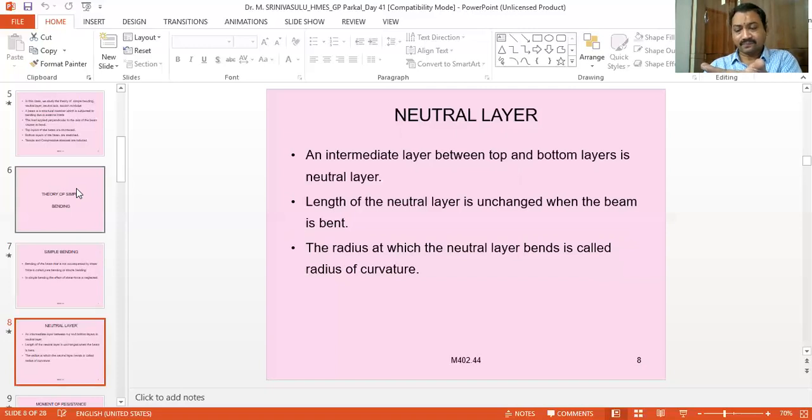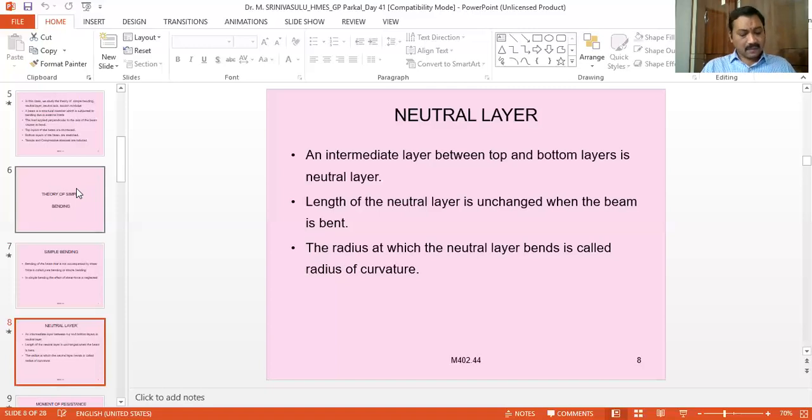So this part is subjected to compression and this part is subjected to tension. The innermost layers are subjected to compression, whereas the outermost layers are subjected to tension.